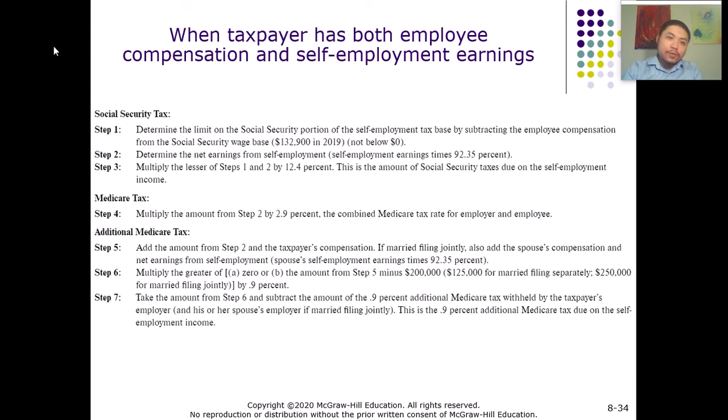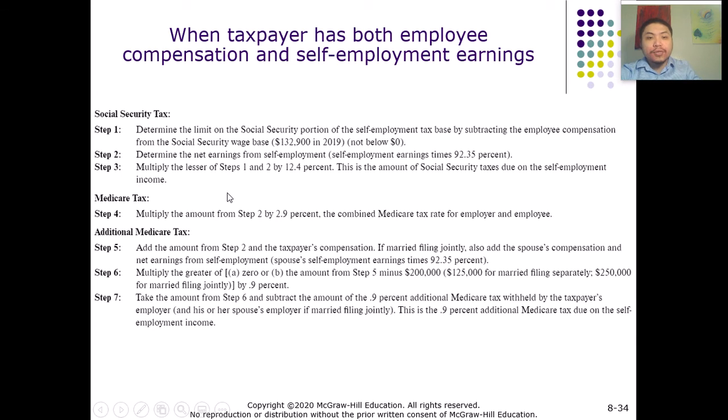Step two, we have to determine the net earnings from self-employment. Because it's self-employed, we still have to take out the 7.65%, so we still multiply this net base by 92.35%. So that's step two.